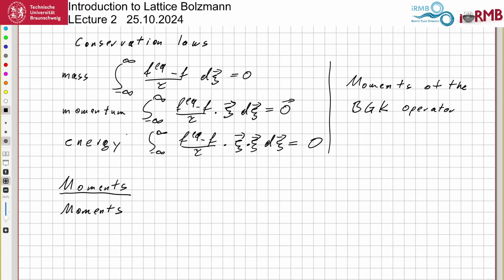You can also have moments in time. This sounds strange, but a moment in time would be an integral over a distribution in time. So what we call moment is just an integral. Moments are integral properties, the outcome of the integral of a distribution.